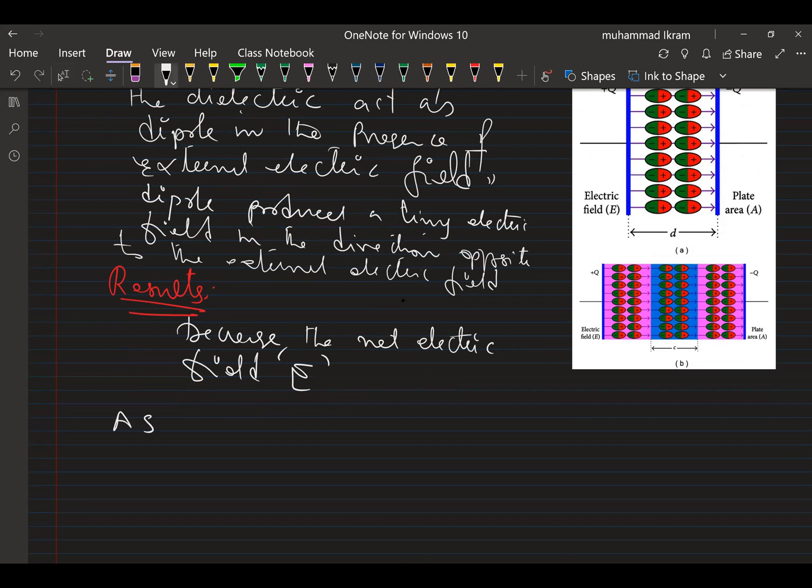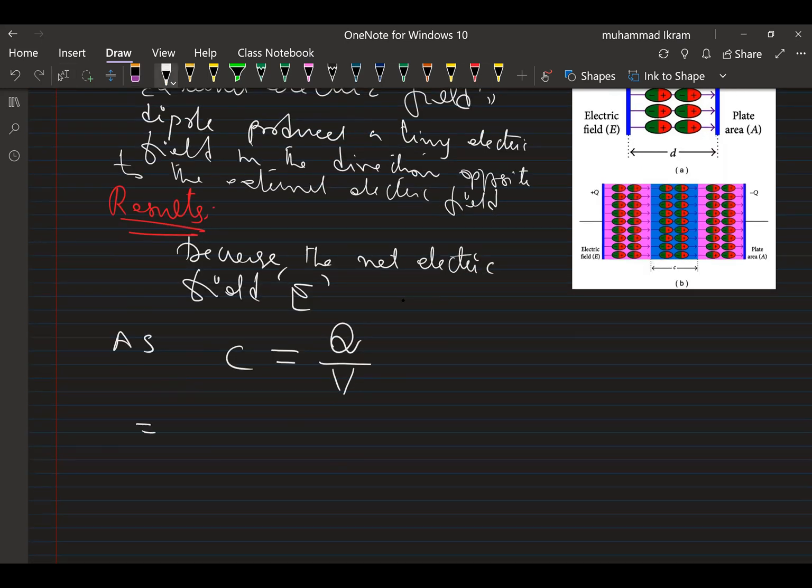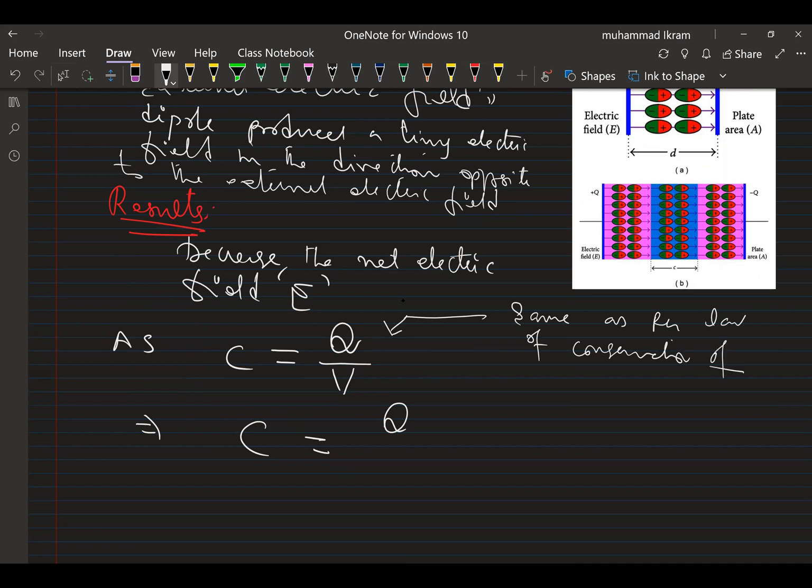As we know, C is equal to Q by V. Q is the same as per the law of conservation of charge, so we are only left with V. V is equal to E into d.